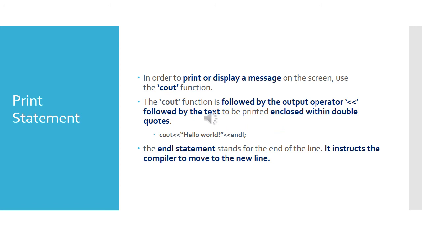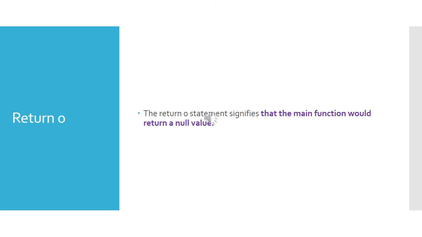The statement helps to display the message on the screen. Here we use cout to do the printing, and endl is used for instructing the compiler to move to the new line. Return 0 specifies that the main function returns a null value.